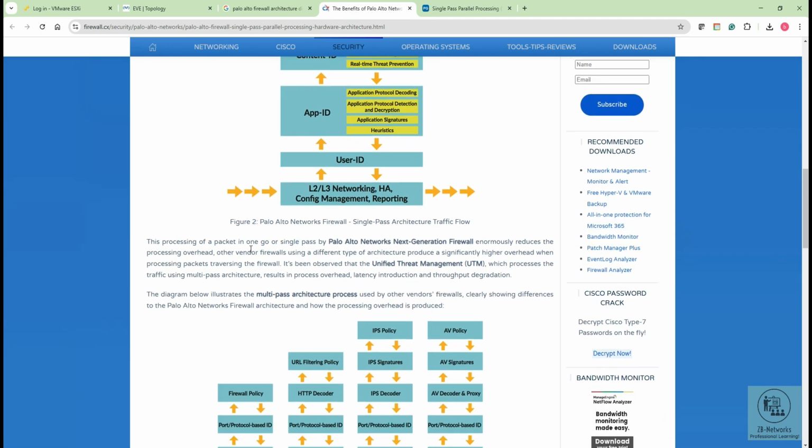That means the processing of a packet in one go, or single pass, by your Palo Alto Next Gen Firewall enormously reduces the processing overhead, unlike other vendor firewalls using a different type of architecture, which produces significantly higher overhead when processing packets traversing the firewall. It has been observed that a UTM, which processes the traffic using multipass architecture, results in process overhead, latency, and throughput degradation, right?